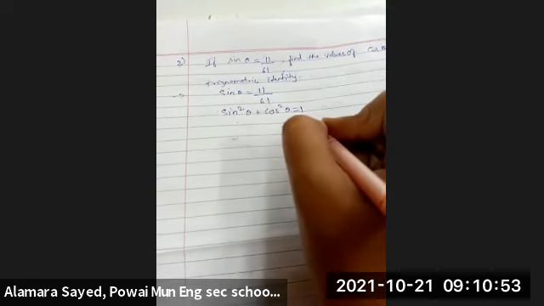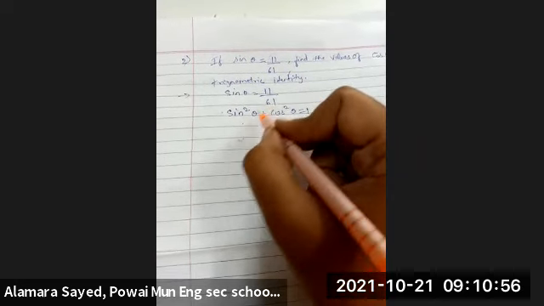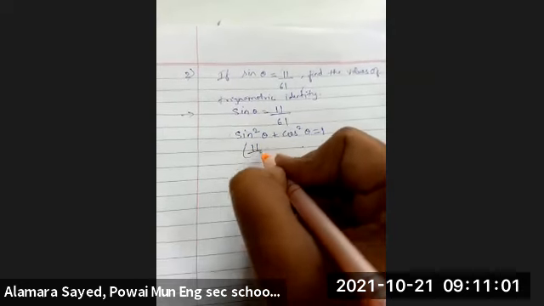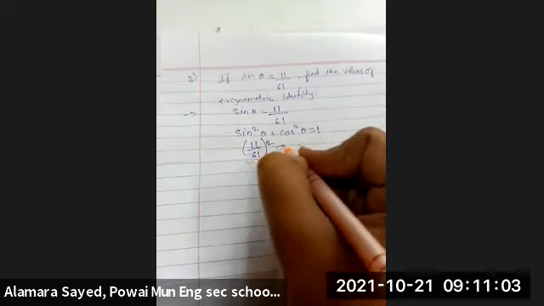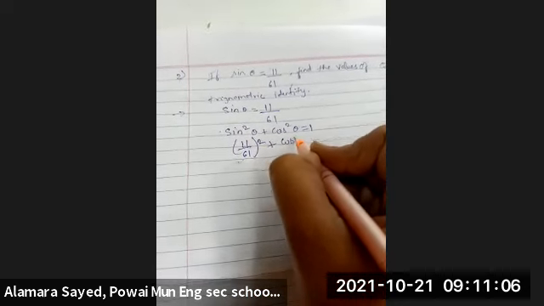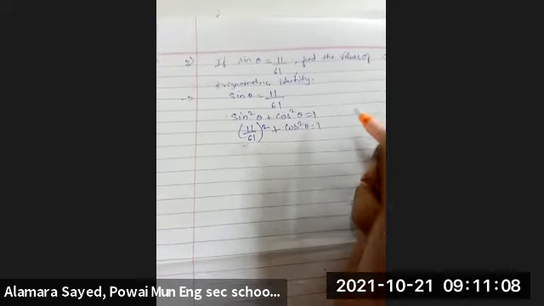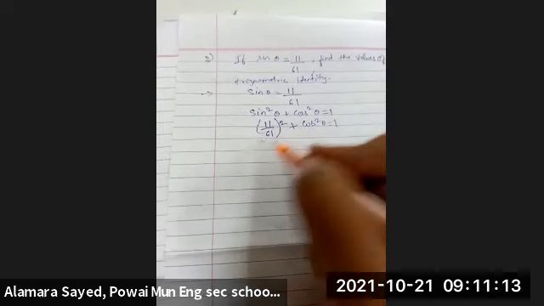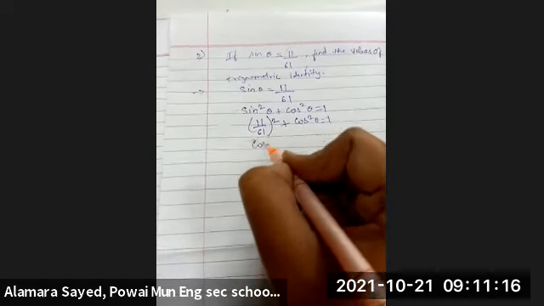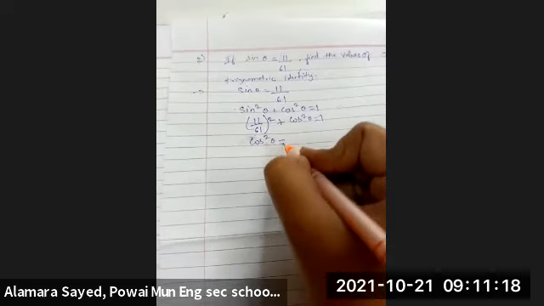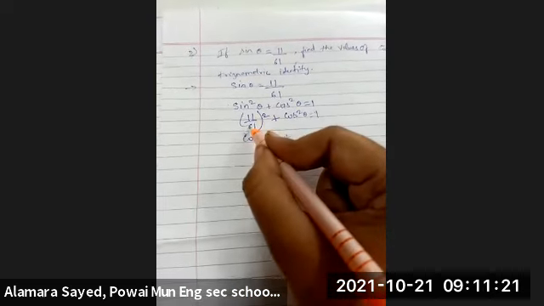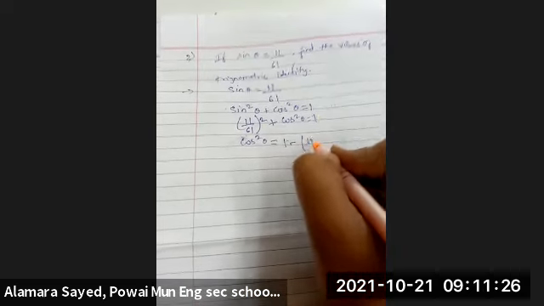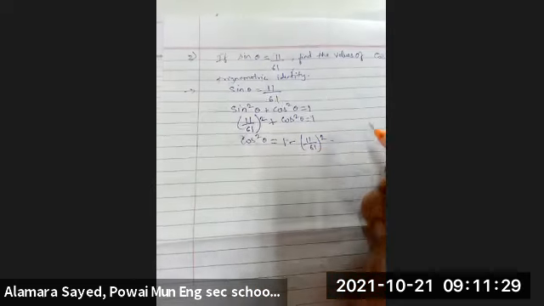This we have learned. So now put the value of sine in this, that is 11 upon 61 whole square plus cos square theta is equal to 1. Now, after bringing cos square theta out, 1 will remain as it is, and plus 11 upon 61 whole square will become minus 11 upon 61 whole square.